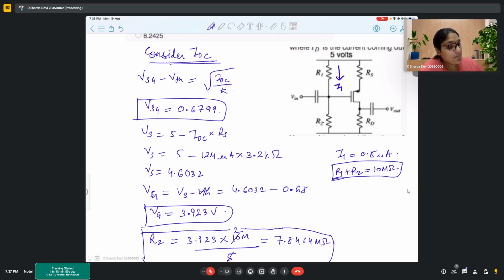Now the idea is to find the values individually. For individually finding the values, we know that Vg is R2 upon R1 plus R2 into VDD.